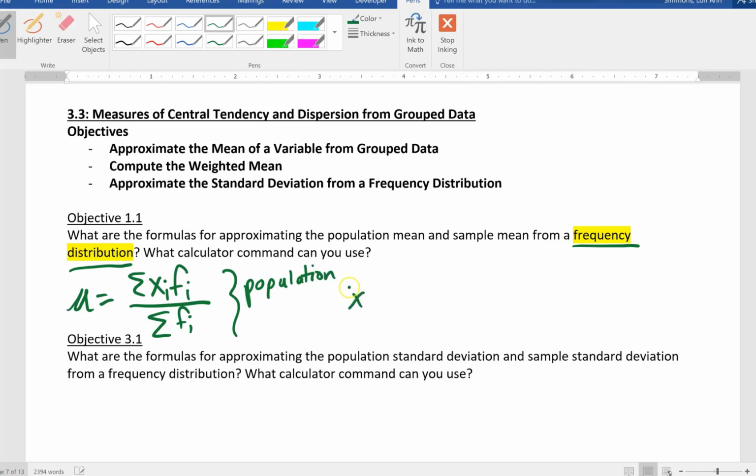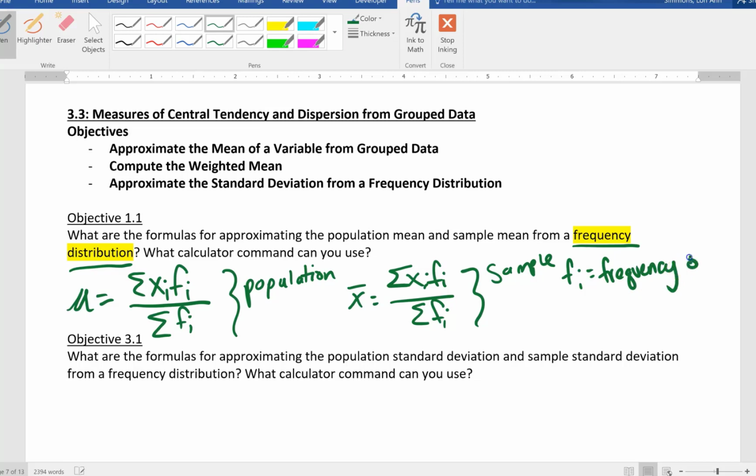For a sample, we have x bar equaling the same formula. f sub i is the frequency of the ith class, and x sub i is the midpoint of the ith class.